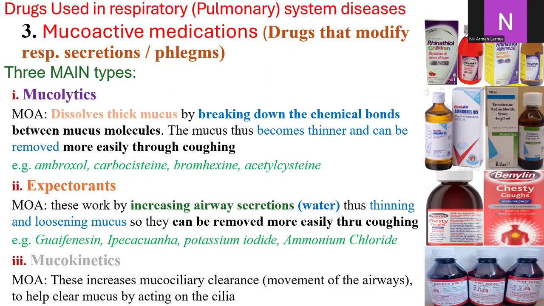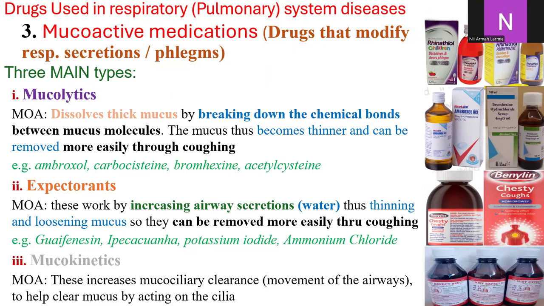They include mucolytics, which break down the mucus at the chemical level. As the name implies, mucus-lytic, breakdown of mucus. Basically, they break down the chemical bonds that keep these mucus molecules together.